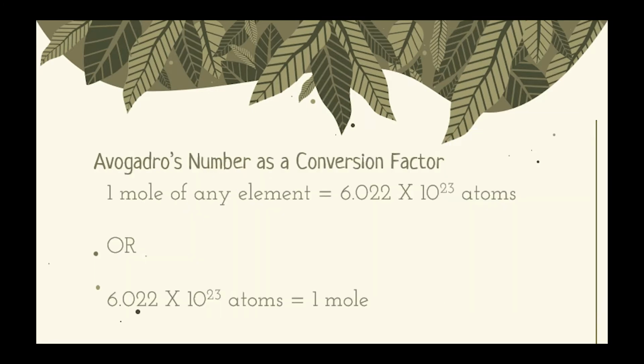The main way we're going to use Avogadro's number in chemistry class is as a conversion factor. We'll be using Avogadro's number when we want to change from atoms to moles of any element, because 1 mole of any element is 6.022 times 10 to the 23rd atoms. You can also use it in reverse.